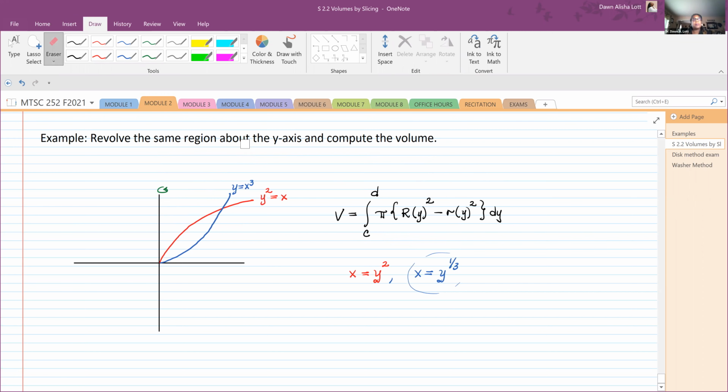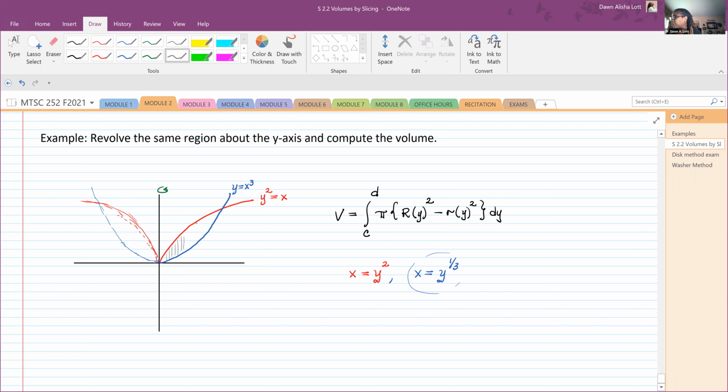Okay. So therefore now we're going to get this curve to come back over here like this. And then I'm going to get the red curve to go up like that. Okay, here's my region.